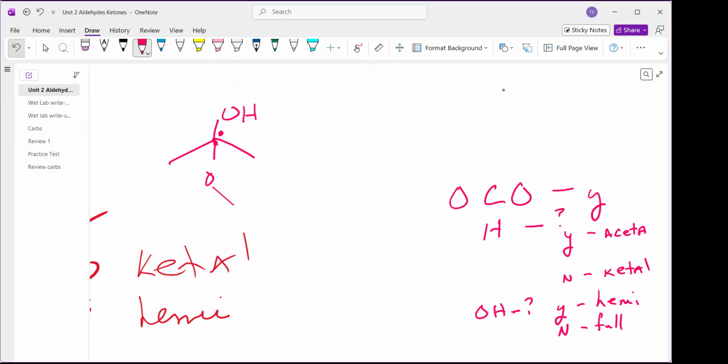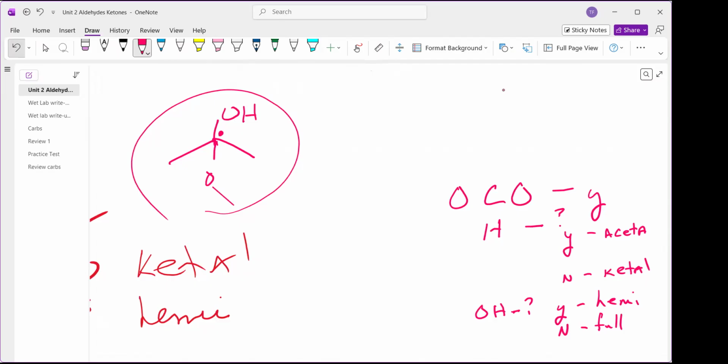Okay, so let's apply the 3 steps to this guy over here. And by the way, on naming acetals and ketals, I'm not going to hold you responsible for naming them. They're kind of a pain to name, so we're just not going to do them, out of the scope of this class. Okay, is there an OCO present in this molecule here? Yes. That means it's one of 4.